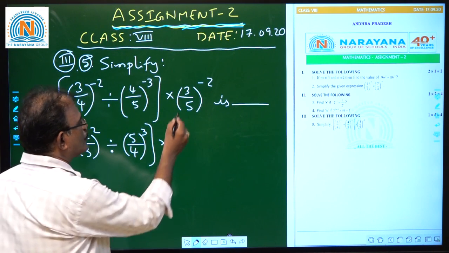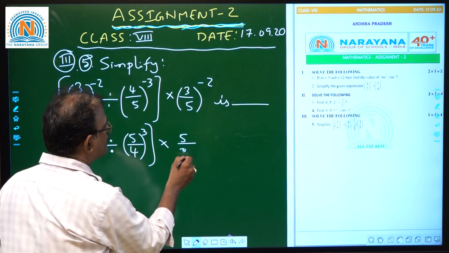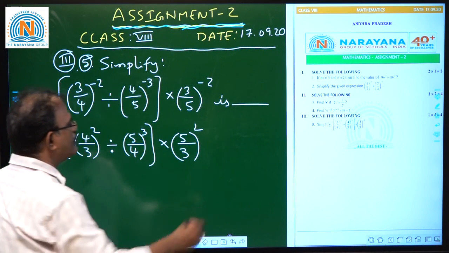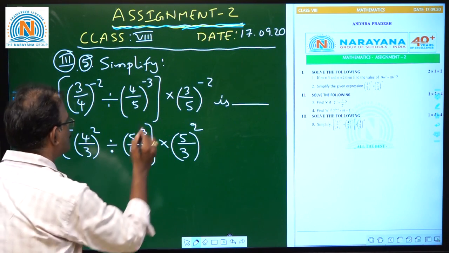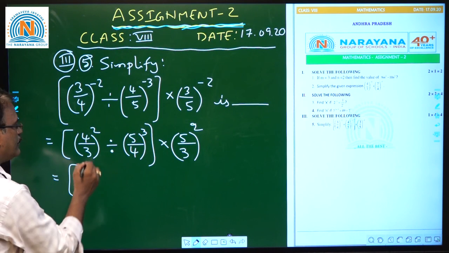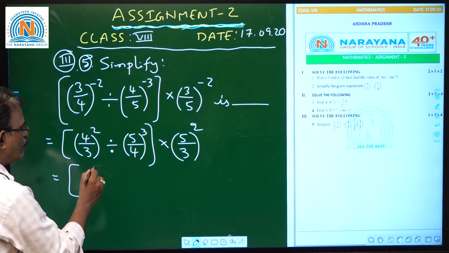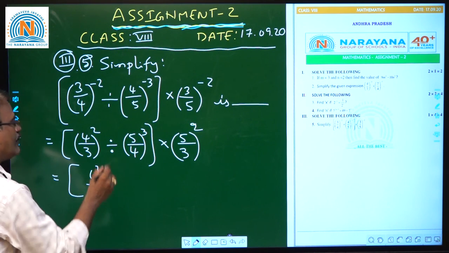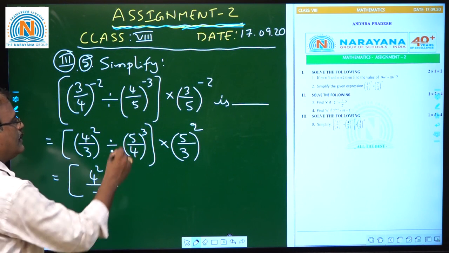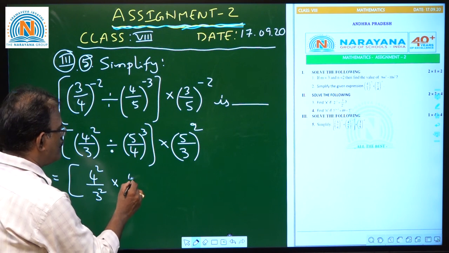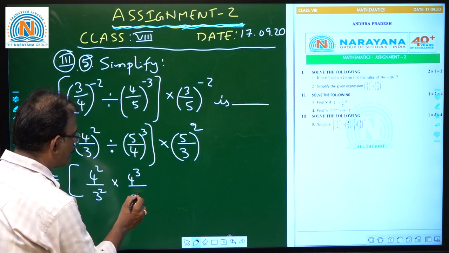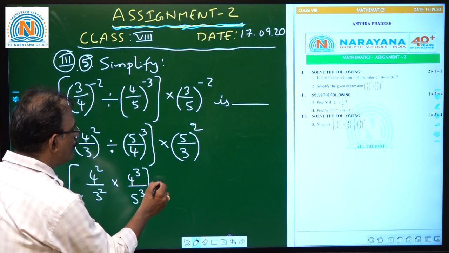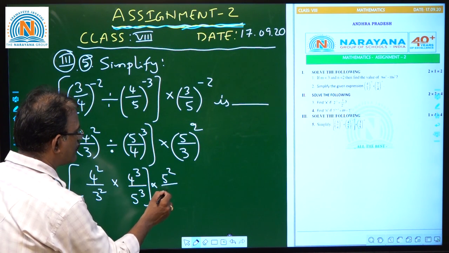Now 3/5 can be changed as its reciprocal, then the power will change from negative to positive. Now here this is 4 square by 3 square. When the division is changed to multiplication, then again it is reciprocal. So 4 cube by 5 cube into 5 square by 3 square.